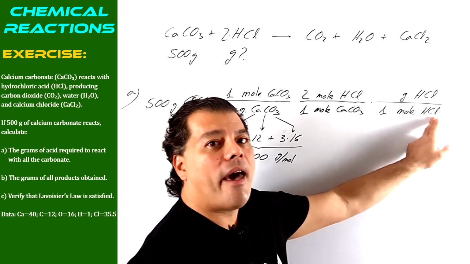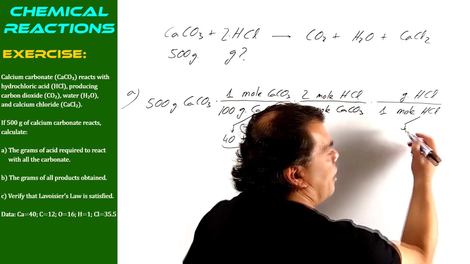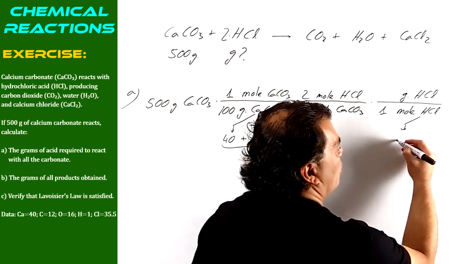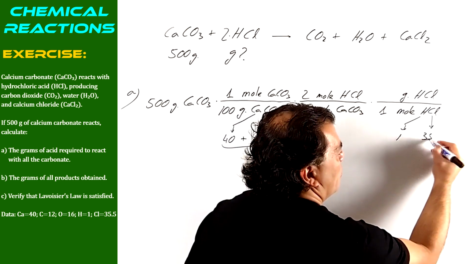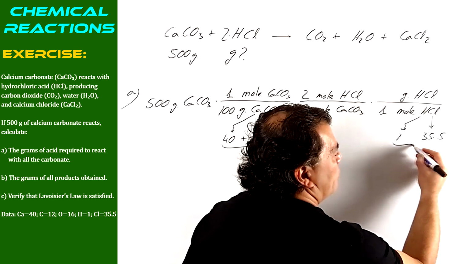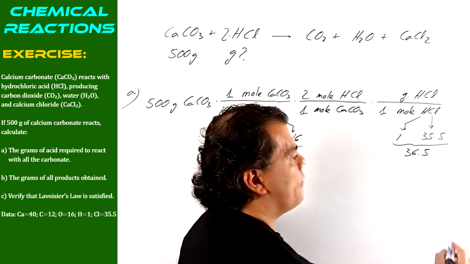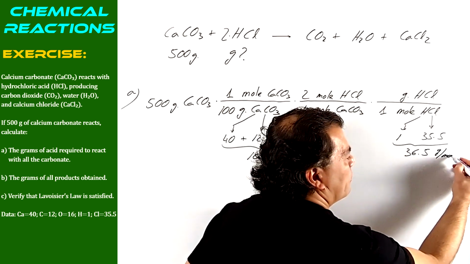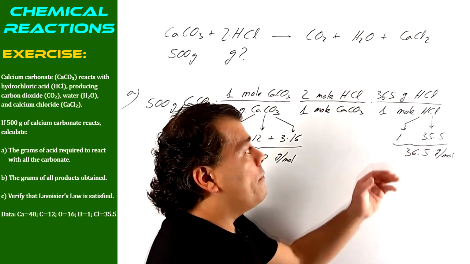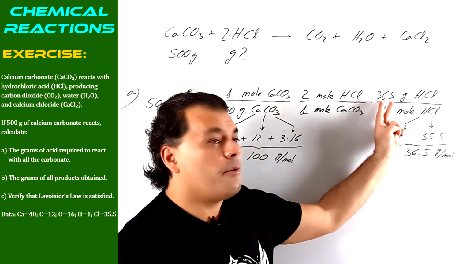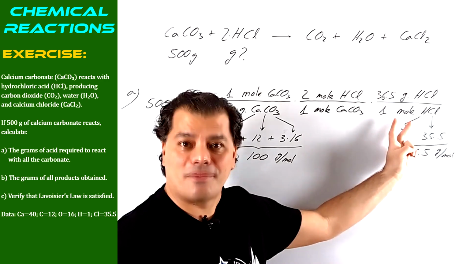And let's add the mass numbers of these elements. Hydrogen, you can see it in the statement, 1. And chlorine, 35.5. And if you add them up, we have 36.5 grams per mole. 36.5. If you have in your hand 36.5 grams of hydrogen chloride, you have 1 mole of this substance.